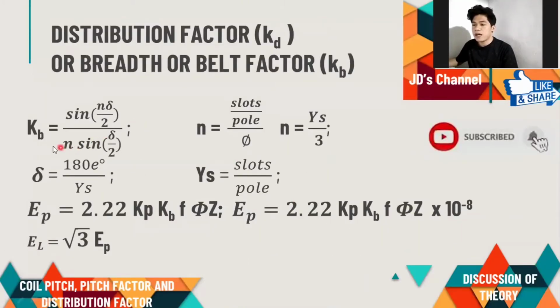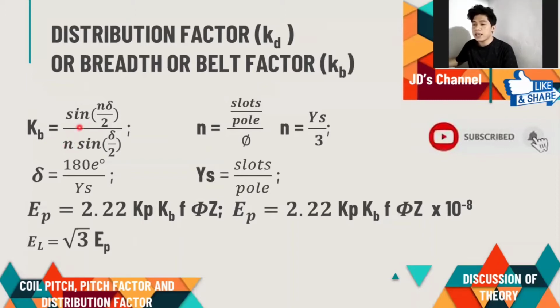We have Kb, or sometimes Kd is used, so no problem. Kb is used because of the breadth or belt factor, while Kd is the distribution factor.